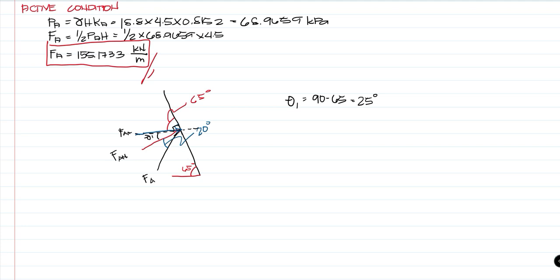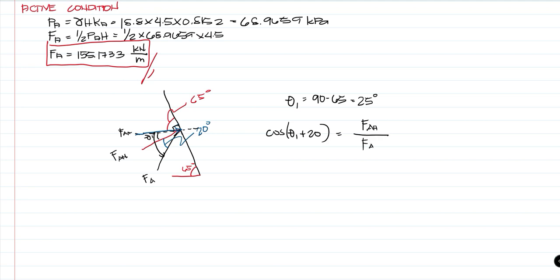So ibig sabihin, the cosine of angle theta 1 plus 20, kasi ito yung angle na yun, that is theta 1 plus 20. So that is equivalent to a value. So yung hinahanap natin na FAH divided by yung hypotenuse na FA.